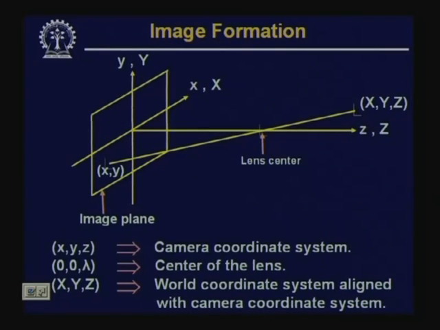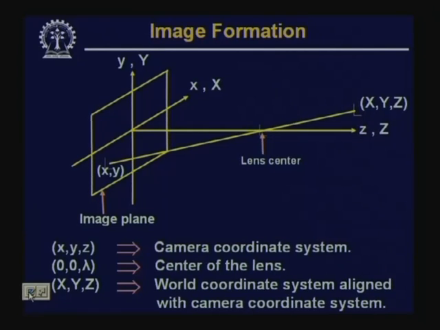Here we have shown a figure which is an approximation of the image formation process. Here you find that we have 2 coordinate systems which are superimposed one over the other.